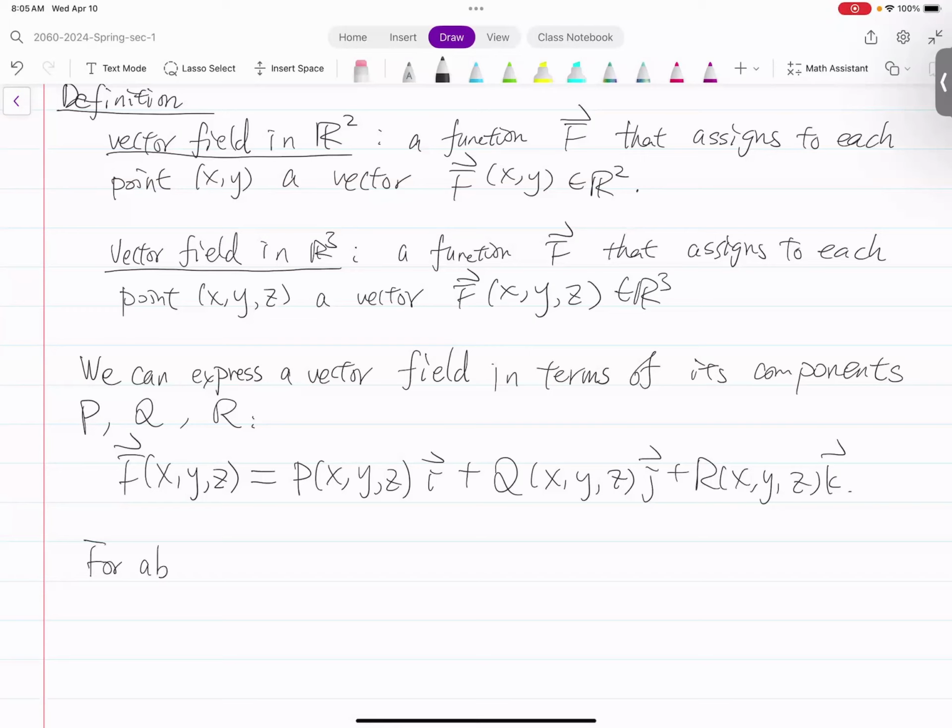And to simplify the notation, we can abbreviate the triple for the arguments.